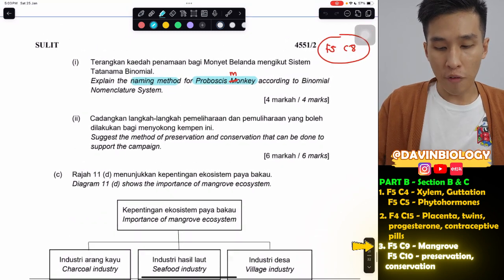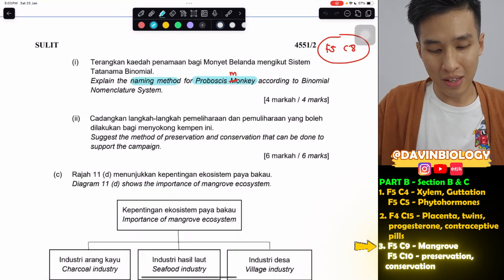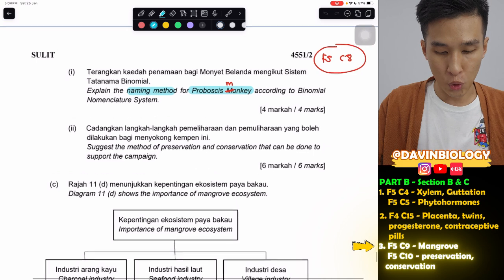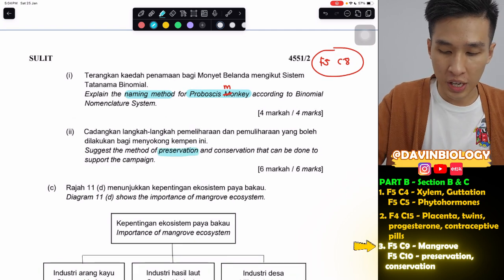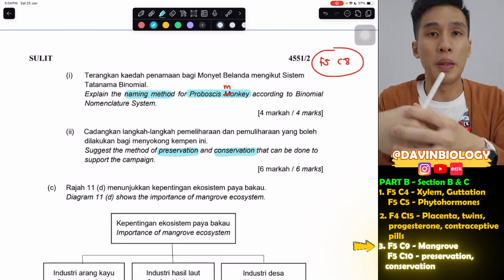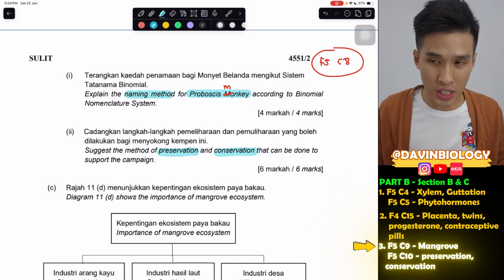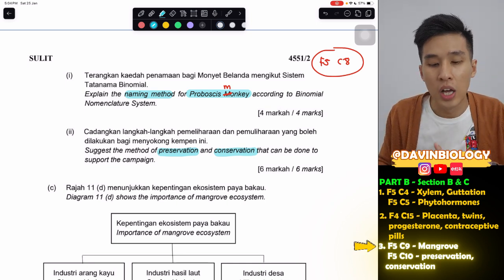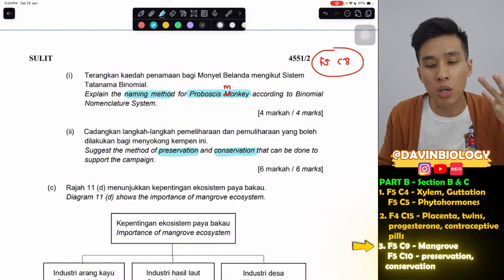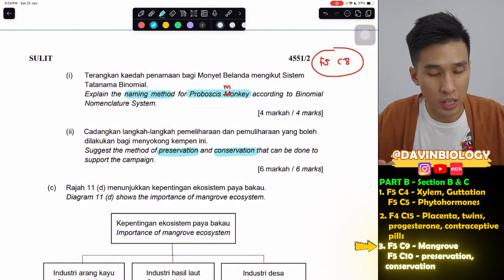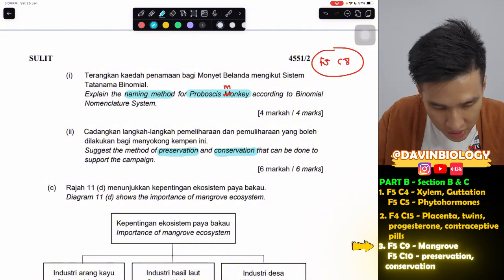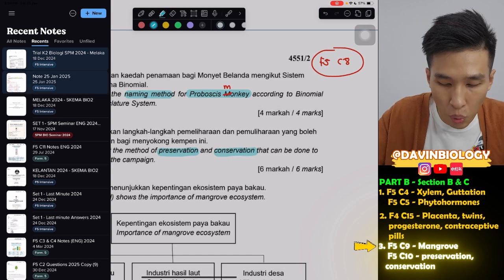Next, suggest the method of preservation and conservation that can be done to support the campaign. So preserving and conserving endangered species, like the monkeys or elephants, tigers. Very commonly, they ask us how to preserve and conserve. Now the two most common steps we can do. Preservation is one of the best, but not 100% effective. So what's the meaning of preservation?